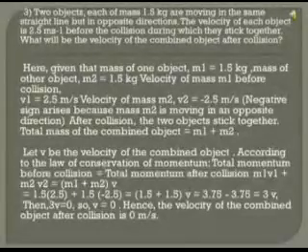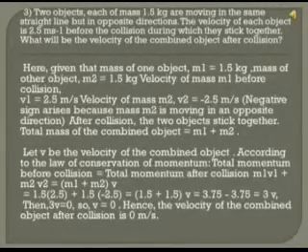And third question is, two objects each of mass 1.5 kg are moving in the same straight line but in opposite directions. The velocity of each object is 2.5 meter per second before the collision, during which they stick together. What will be the velocity of the combined object after collision?